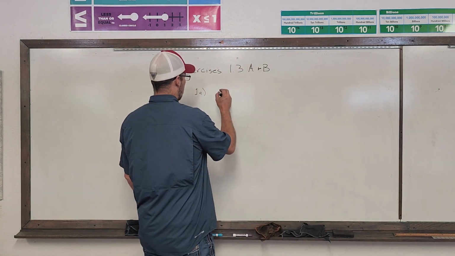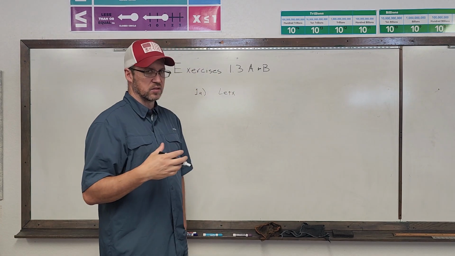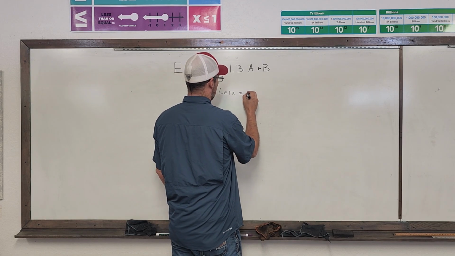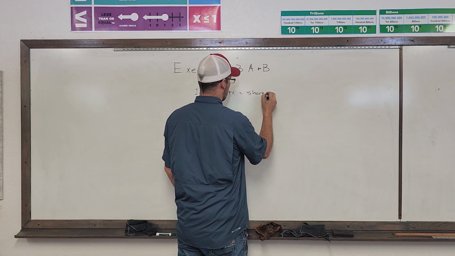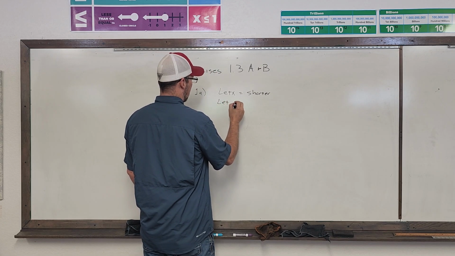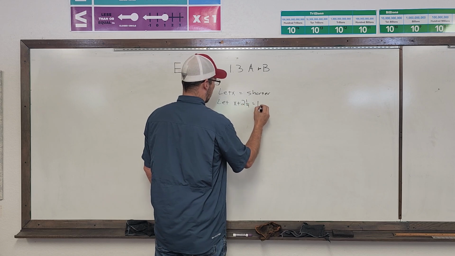So I know I'm going to let x equal the shorter one, and I'm going to let x plus 2 1/4 equal the longer one.